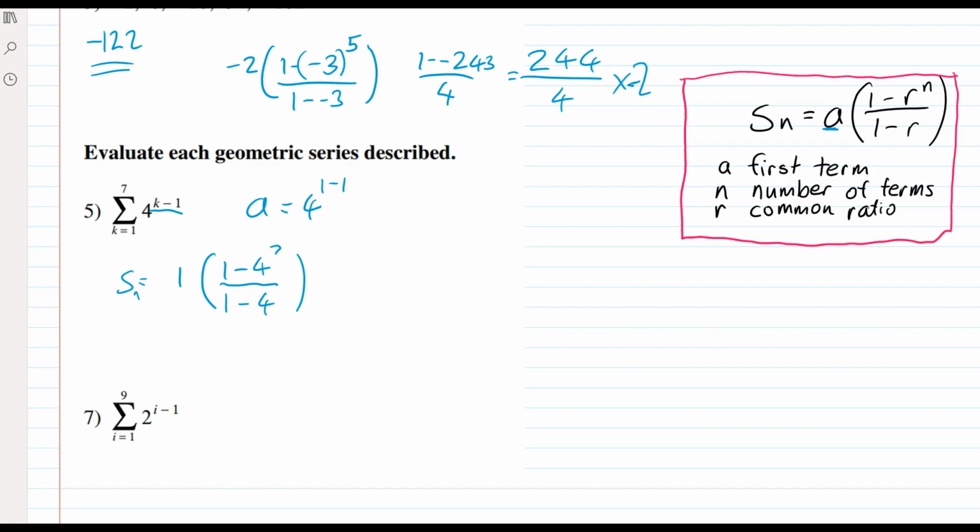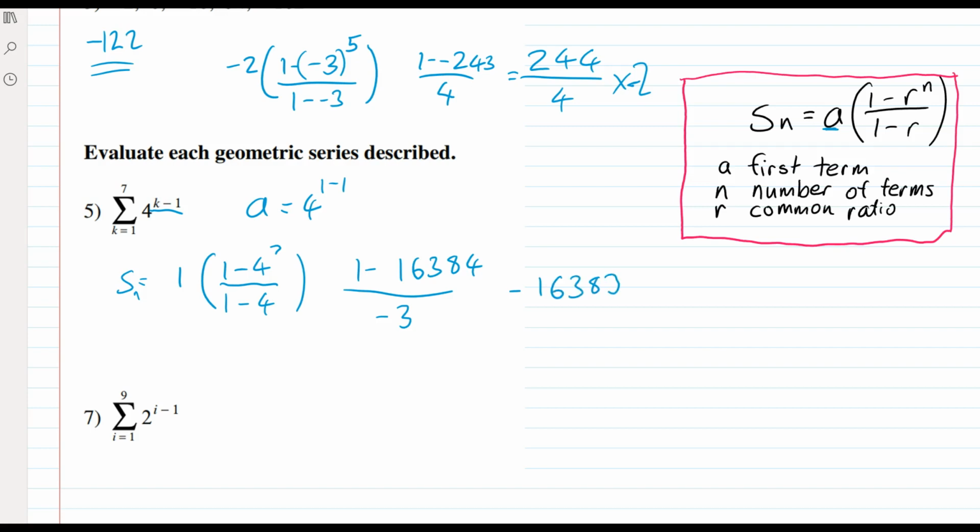Now what I do is I go through 4 to the power of 7, 1,600,384. Then 1 minus 1,600,384 over 1 minus 4, which is 3, so I've got minus 1,600,383.